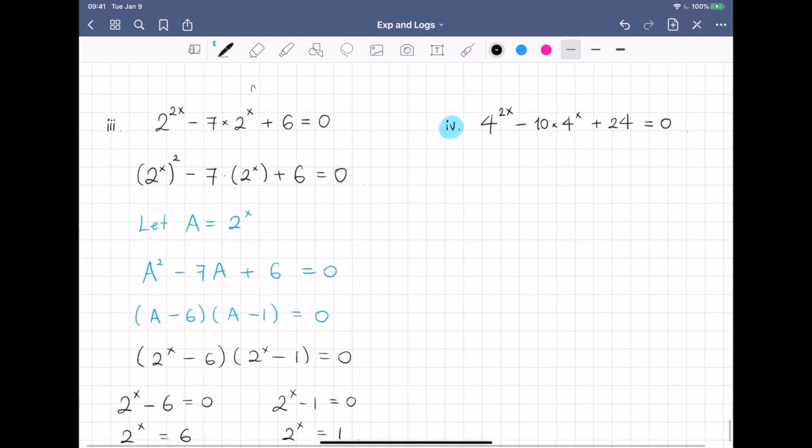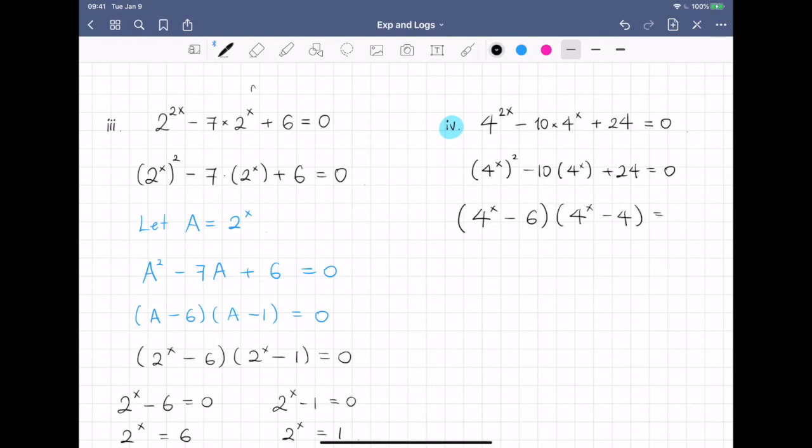All right. So here you can see that I can write this as 4 to the x squared minus 10 times 4 to the x plus 24 equals 0. And feel free to use another variable like a to rewrite it if you want. But I'm going to go ahead and write 4 to the x minus 6 times 4 to the x minus 4 equals 0.